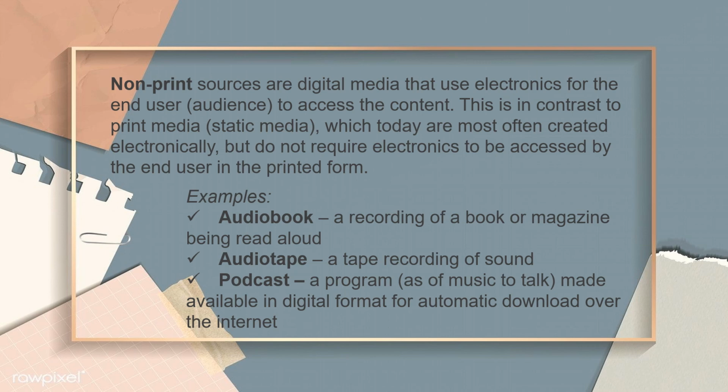Examples: audiobook, a recording of a book or magazine being read aloud. And then audio tape, a tape recording of sound. And then podcast, a program, such as music or talk, made available in digital format for automatic download over the internet.